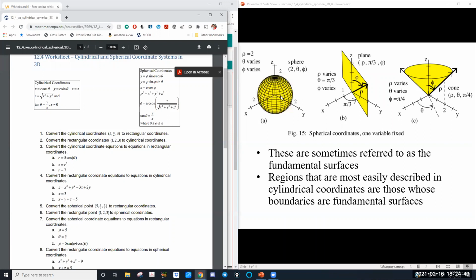Those are the two biggest things in 12.4, because we won't do as much spherical and cylindrical in Module 3. We're going to see it more in Module 4. Just with the order that the materials came up in, we're doing this now to start to get this idea down, because we're going to be revisiting this when we get into our iterated integrals.